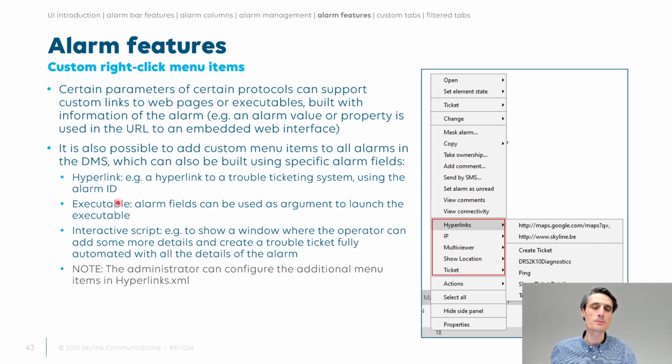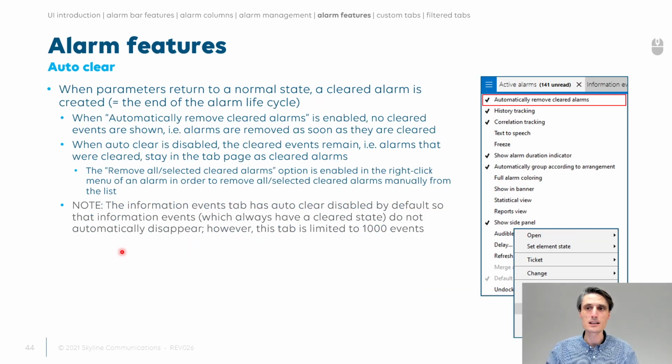But typically, the most important ones are the ones that you can configure in your system. You can go for a hyperlink, fixed or dynamic, an executable with dynamic arguments, and interactive automation scripts, even taking it a step further. So that's the right-click menu.